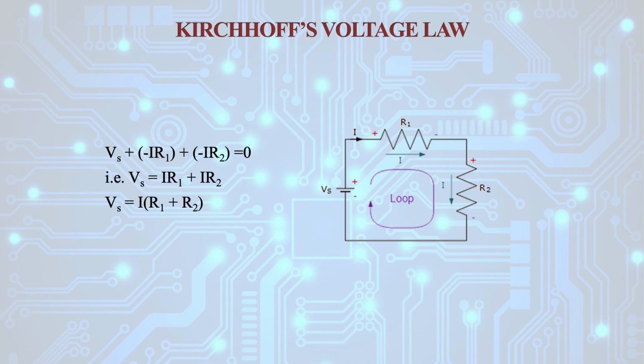As I already told you, because the polarity of the voltage source is minus to plus, it can be written as positive Vs. Then there is a drop across the resistance R1, that is IR1, and again there is a drop across the resistance R2, that is IR2. So it can be written as Vs minus IR1 minus IR2 is equal to 0, or Vs is equal to IR1 plus IR2, or Vs is equal to I multiplied by the summation of R1 and R2.